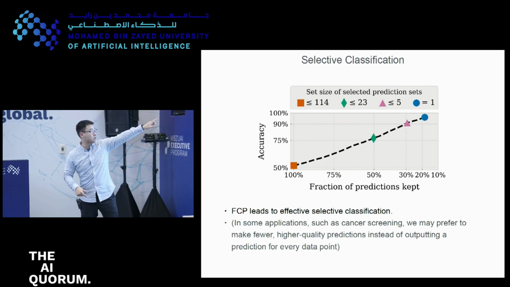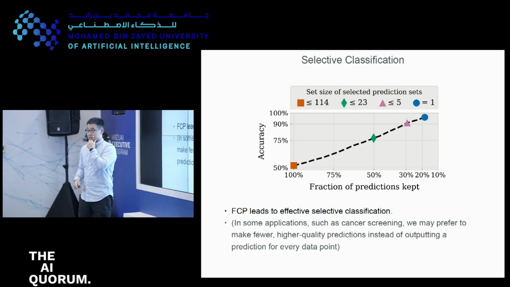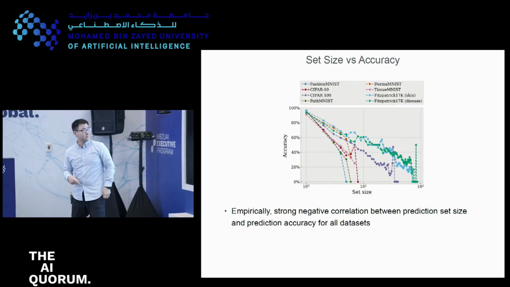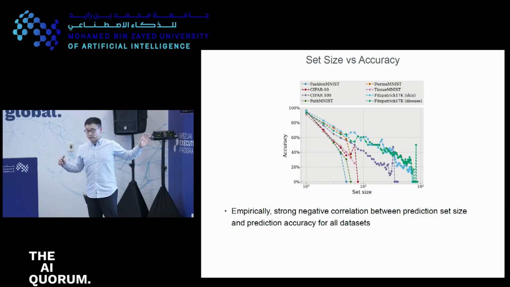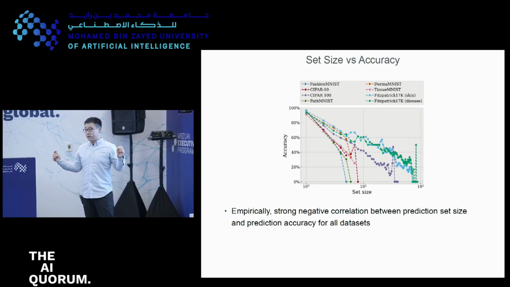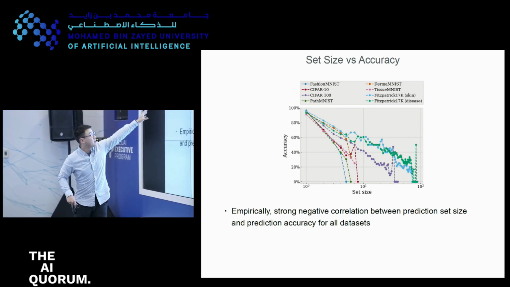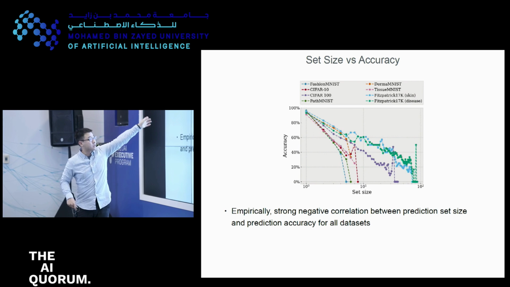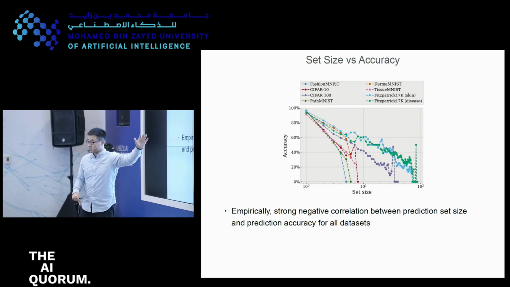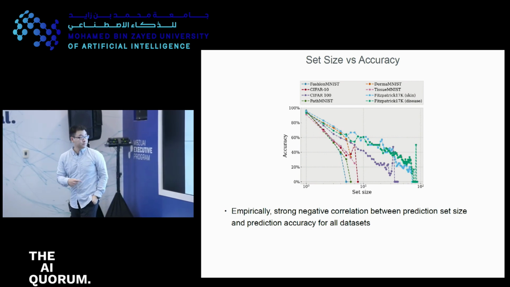If we don't do the selective prediction, the accuracy is pretty bad. And the last one is we can also use the set size to see that the larger the set size is, the more likely the predictions are to be inaccurate. So this is the relationship between accuracy and set size: the larger the set, the worse the accuracy.